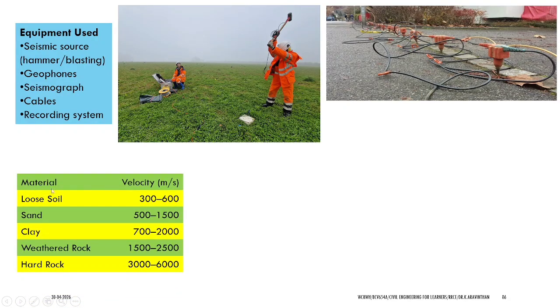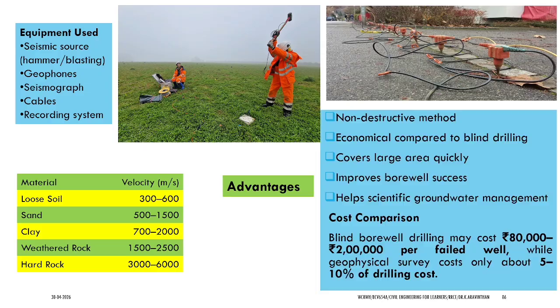According to the velocity, if you get 300 to 600 meter per second, then you can understand that it is loose soil. The higher the velocity, you can find the stronger the strata. If there is loose soil, there is a possibility of getting unconfined aquifer and water.